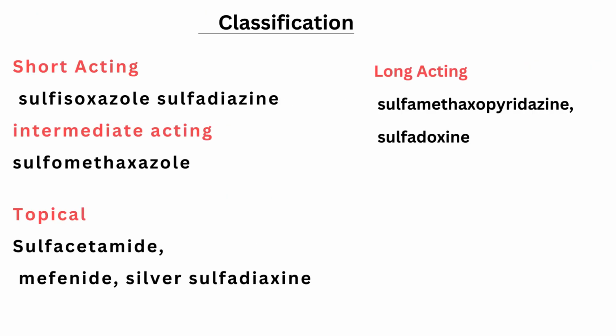Here is the classification of sulfonamides. The sulfonamides are classified based on their duration of action into three categories. First one is short acting sulfonamides. Example, sulfamethoxazole, then sulfadiazine. Second one is intermediate acting sulfonamides. Example, sulfamethoxazole. Another one is long acting sulfonamides. Example, sulfamethoxypyridazine and sulfadoxine.